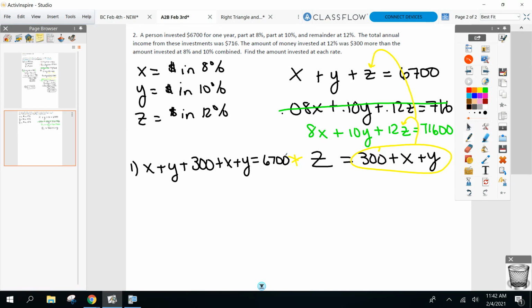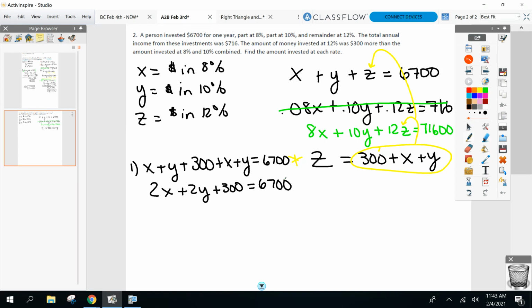Clean that up on the left side. 2X plus 2Y plus 300 equals 6,700. Good? Everyone all right? All I did was plug in what Z was equal to in the first one.